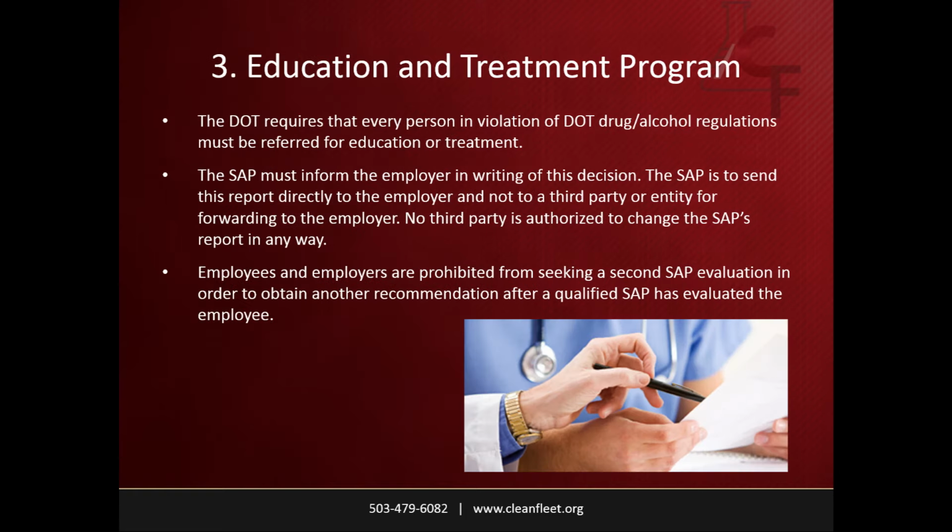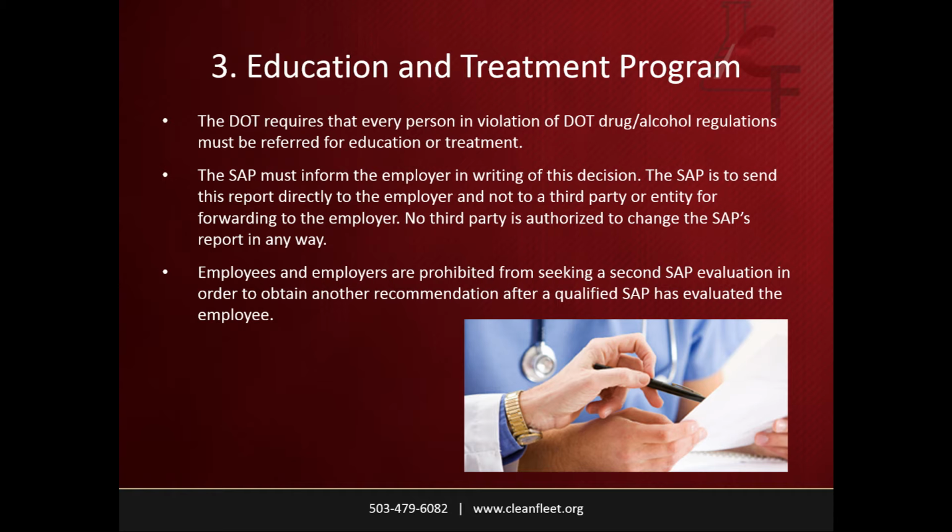Finally, the third step, that education and treatment program. The SAP's going to prescribe this program for the donor based on the initial review, and the DOT requires that every person in violation of the DOT drug and alcohol regulations must be referred to some kind of education or treatment. There's a long list of organizations, agencies, hospitals, and individual practitioners who can, in a timely manner, provide high-quality services to the employees across everything from treatment and education options.